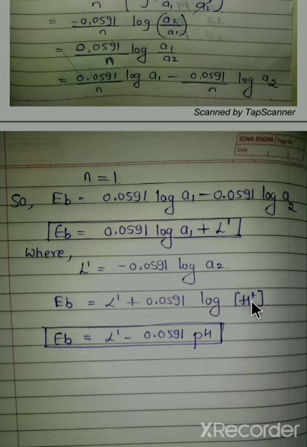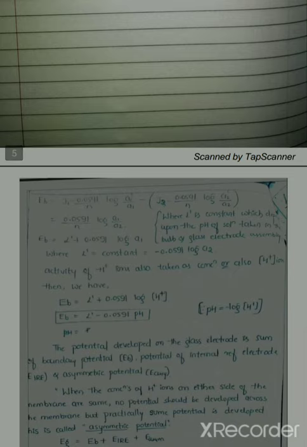As you know, pH is the negative logarithm of the concentration or activity of H plus ions. So in order to replace log H plus with pH, you have a minus sign here. Lastly, you are left with the expression EB equal to L dash minus 0.0591 pH. This is the expression for boundary potential, and this is how you arrive at the boundary potential of the glass electrode.